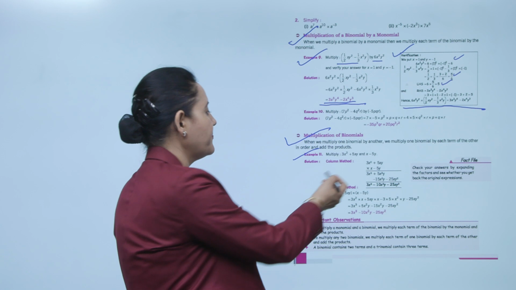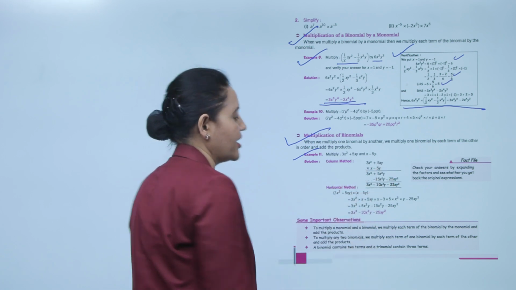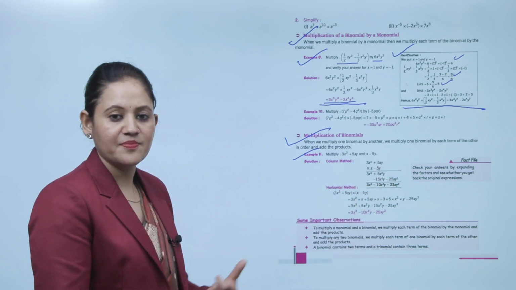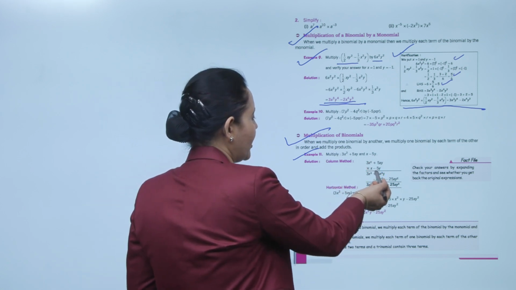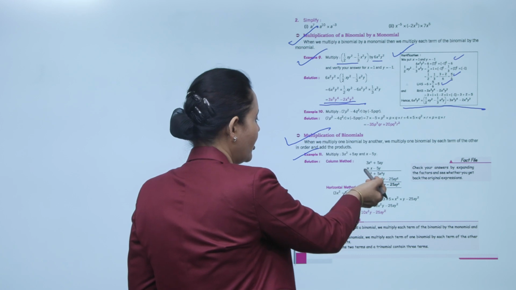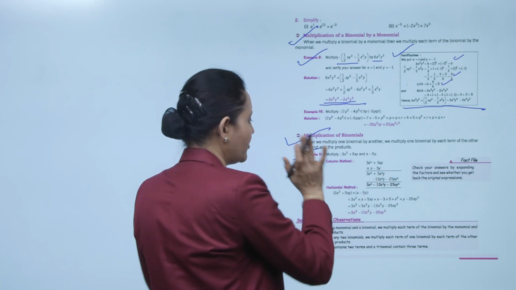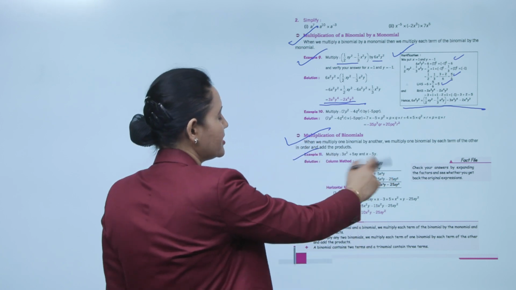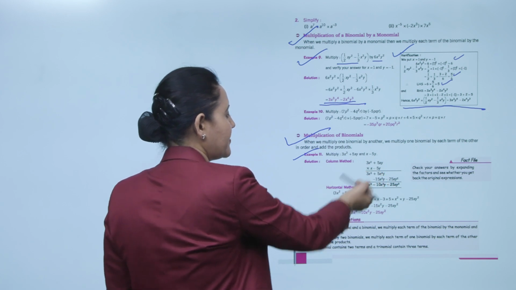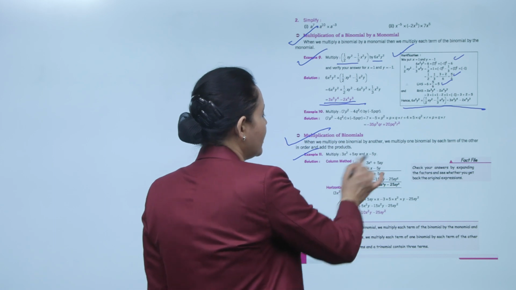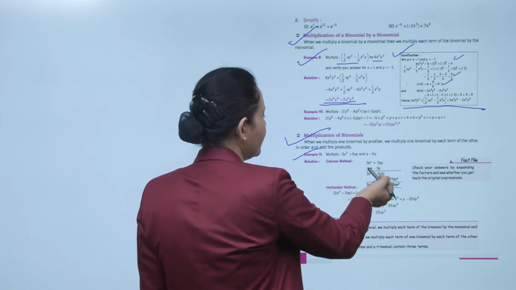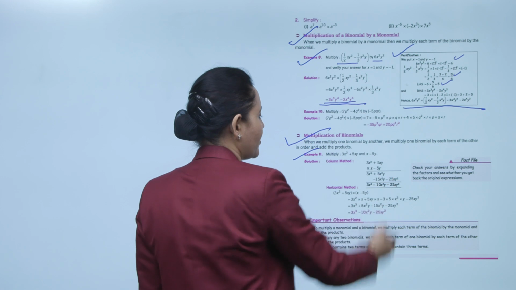So column method: 3x square plus 5xy is to be multiplied by x minus 5y. We will multiply with both terms. First we multiply 3x square by x, so we get 3x cube. Then plus 5xy, so plus 5x square y.